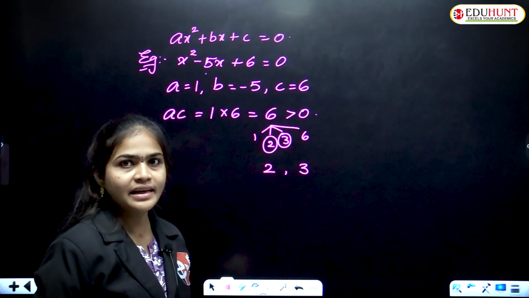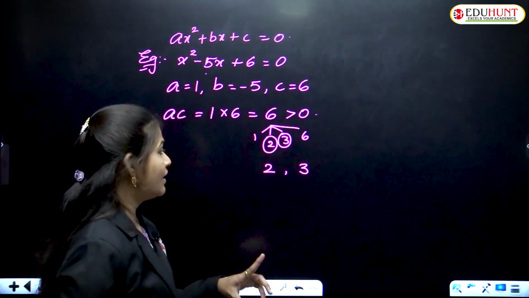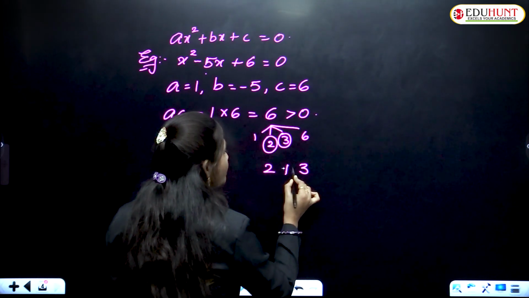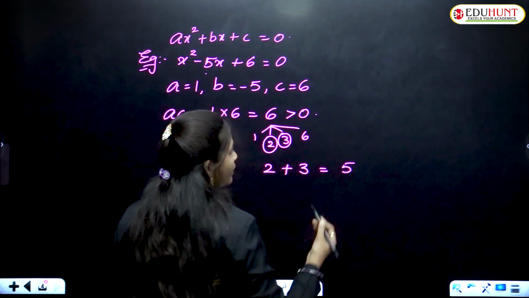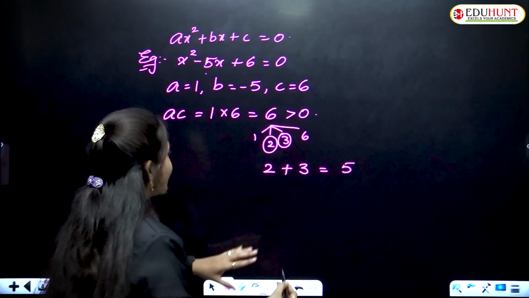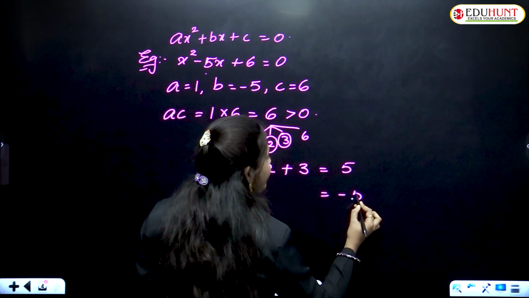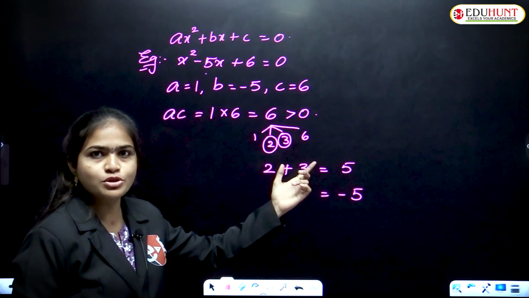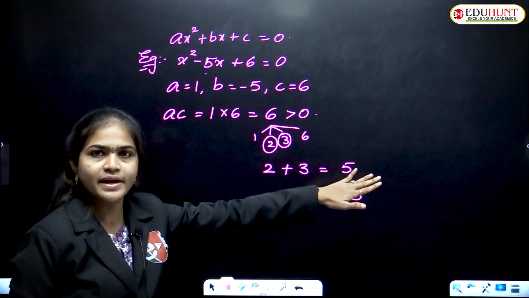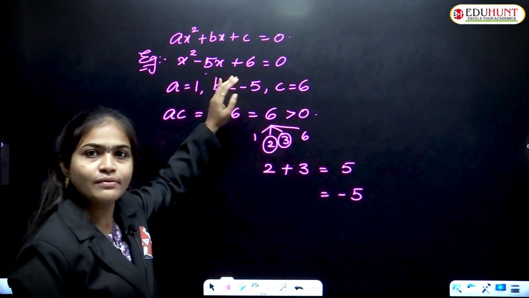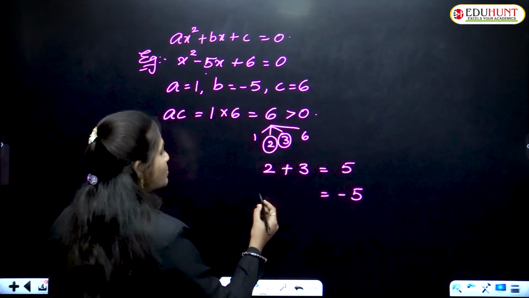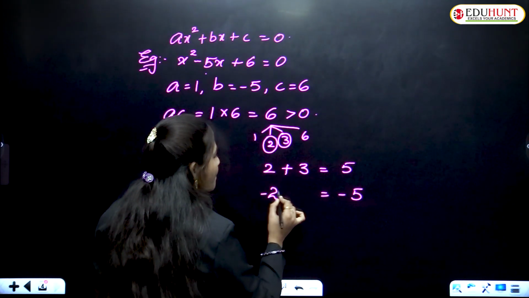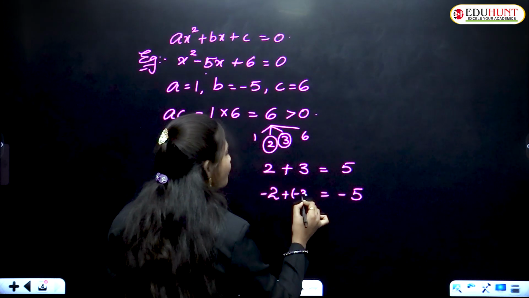But here I am saying the sum of the factors should be equal to B. But actually here B is equal to -5. The sum of these two values is equal to 5, so B is satisfied in magnitude. But in this equation B is equal to -5, so change the sign: -2 plus -3.